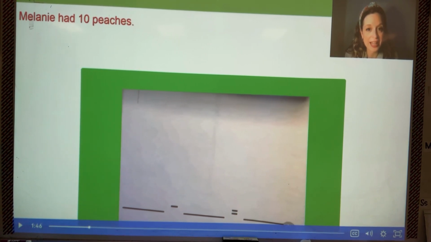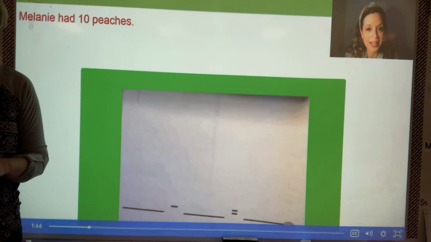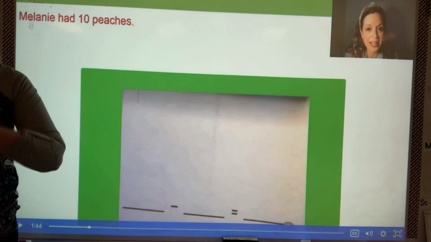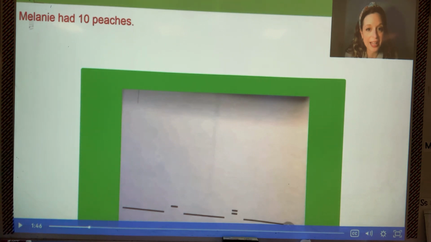How would you draw Melanie had 10 peaches? I've heard from Carolyn. Estelle, how would you draw this? Circle. Okay, how would you draw the circles, Estelle? 5 group way. Yes, I love it. The 5 group way. I wonder if Miss Emily's going to do the same.